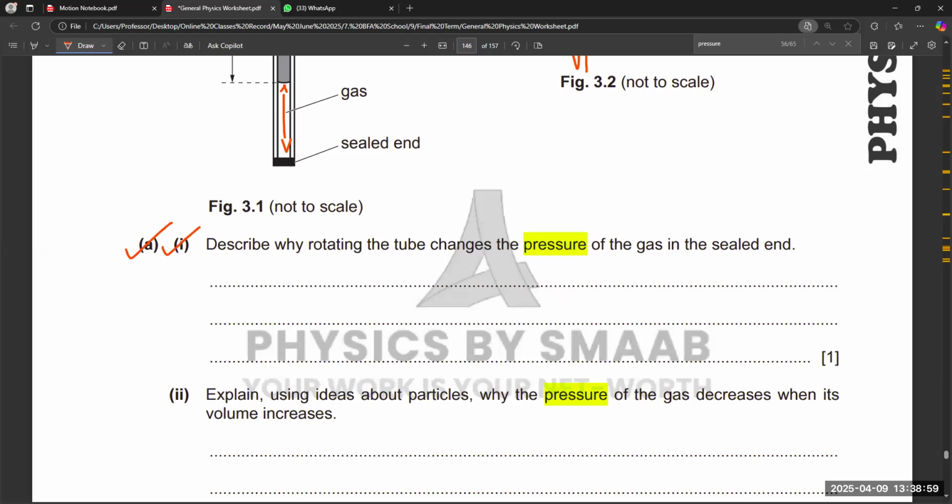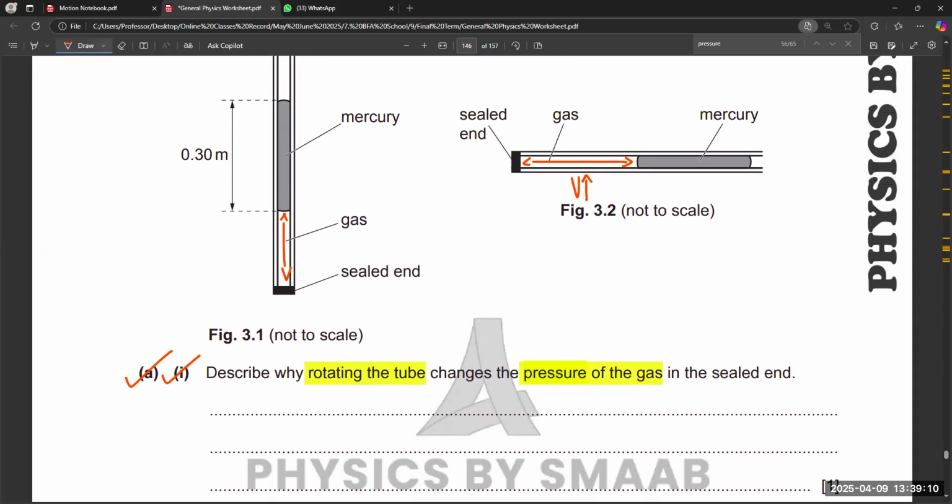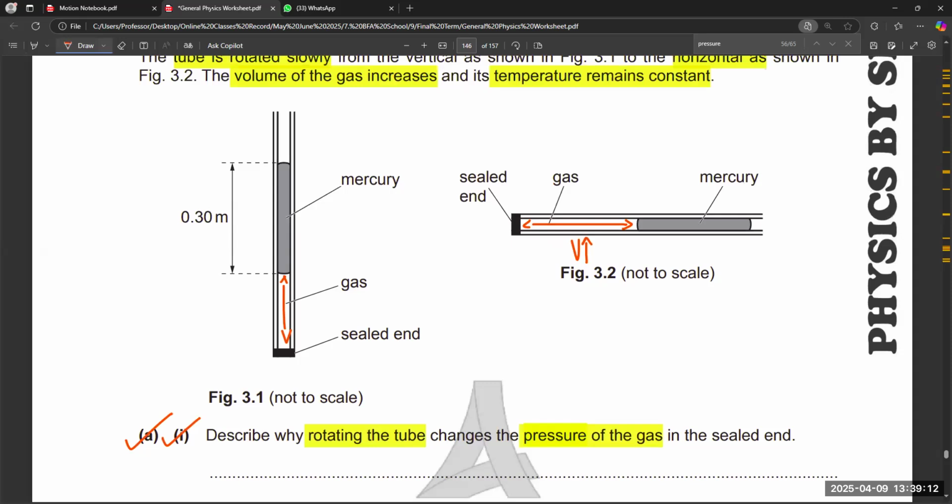So part A is: describe why rotating the tube changes the pressure of the gas in the sealed end. So when we rotate the tube, why does the pressure of the gas in the seal change? Any idea?